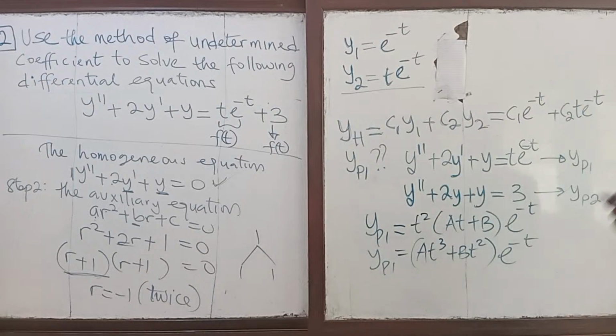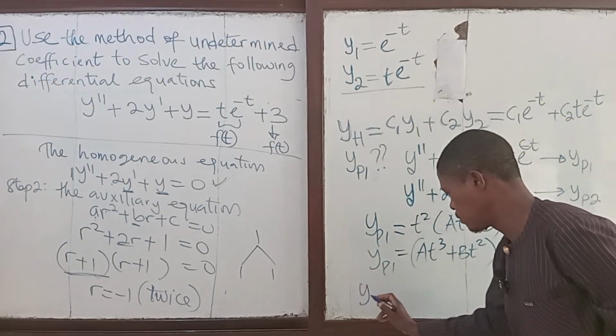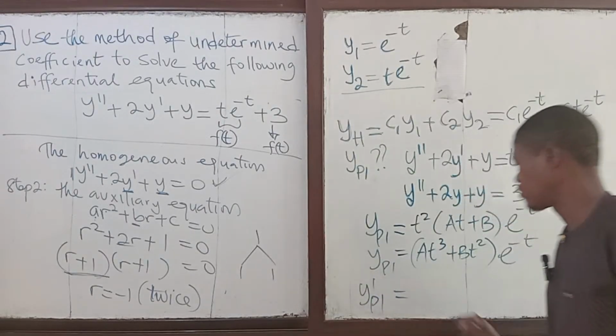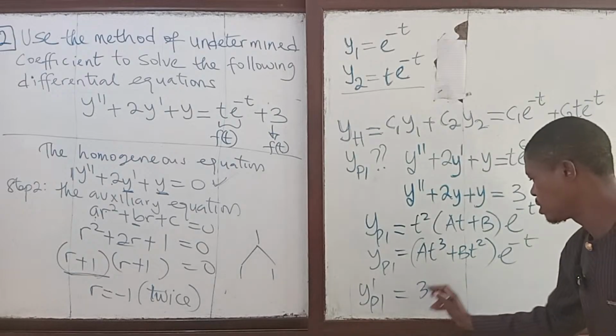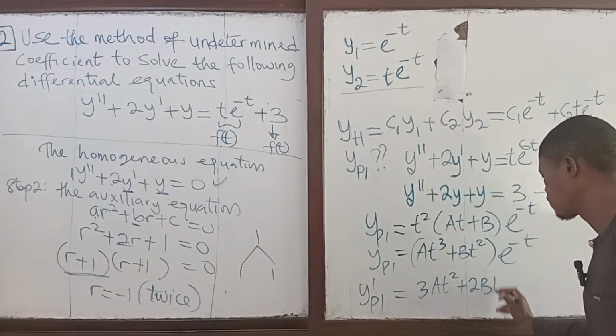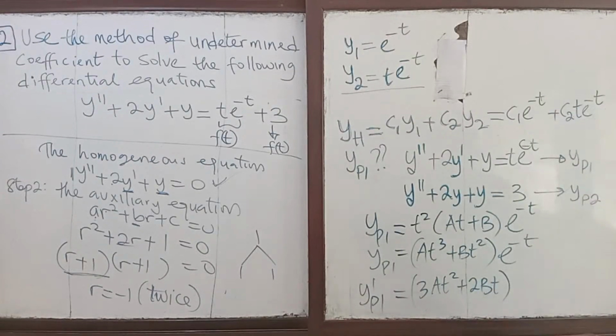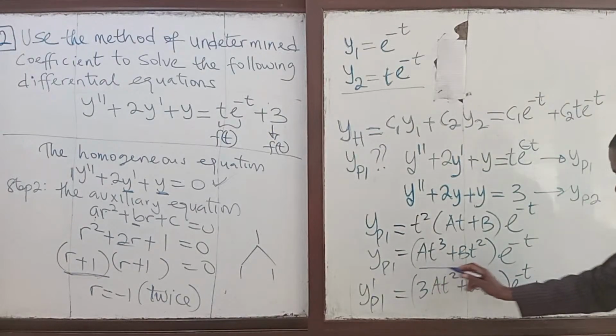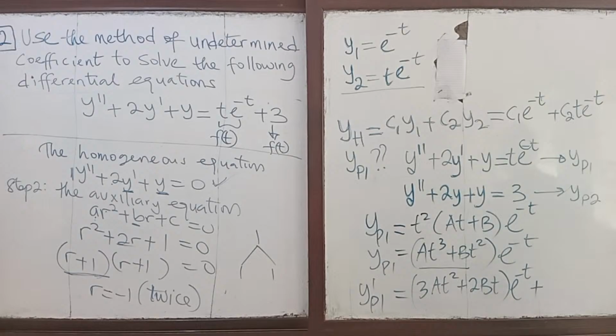Can we get the first differential of this one? That'll be 3at squared plus 2bt, keeping the exponential constant. Then plus, now keep this polynomial constant and differentiate the e function.